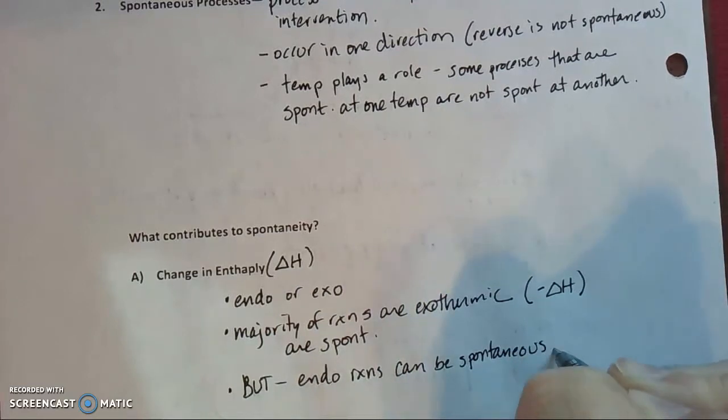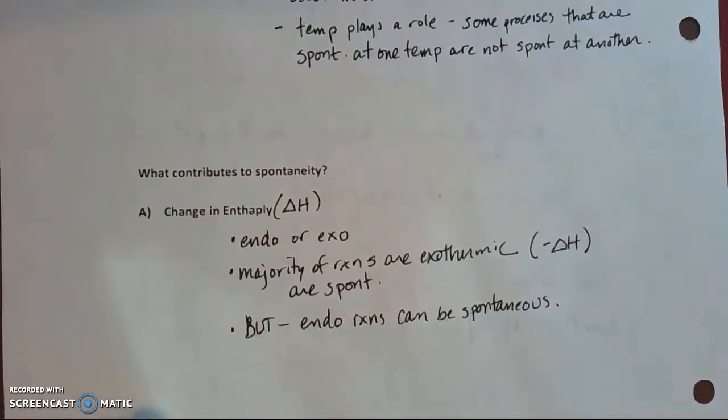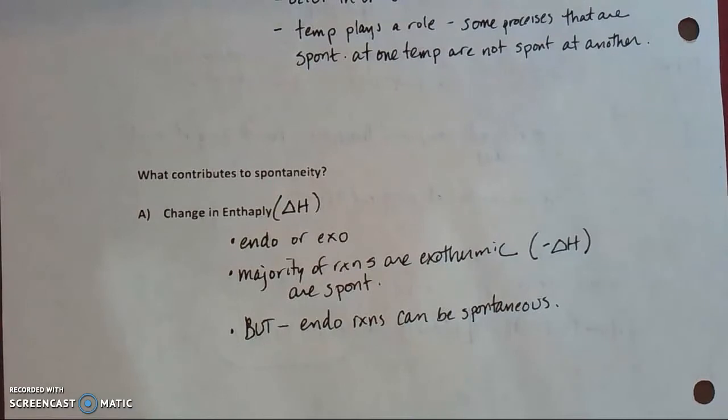And that is a little bit hard to understand, but most reactions give off heat because heat is a very disorganized form of energy. And if things give off heat, they're lowering their potential energy, and that makes things a little bit more stable. There's a lot of physics involved with this.